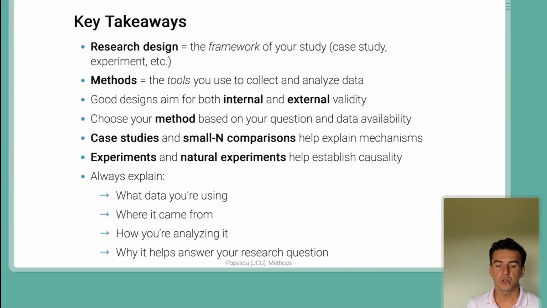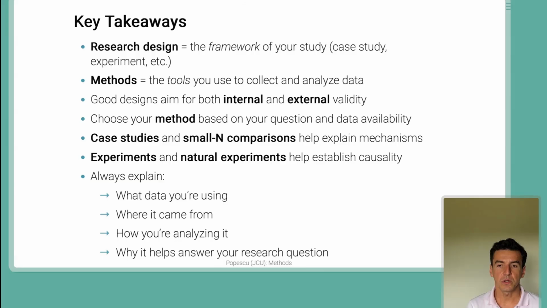So it's important to choose a method that's relevant for the question that you're asking, but also to be aware whether you have data to answer that question. Case studies and small-N comparisons are particularly helpful to explain mechanisms. Experiments and natural experiments are very helpful in order to establish causality.